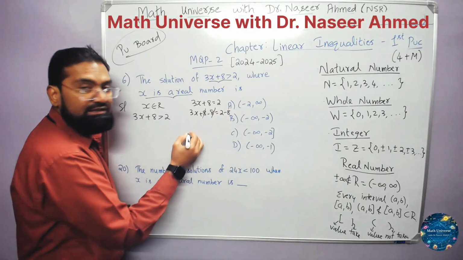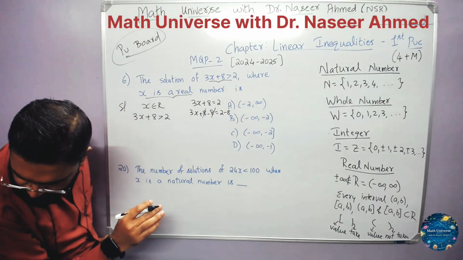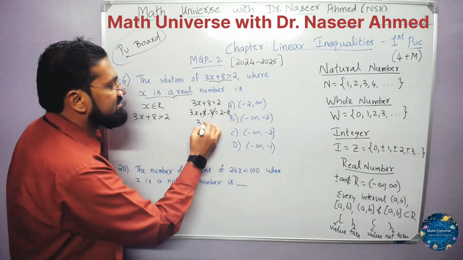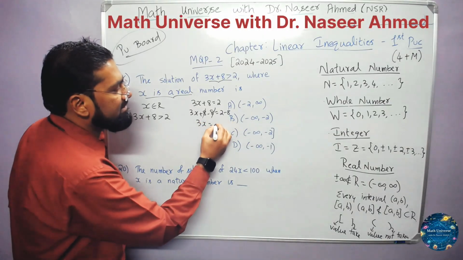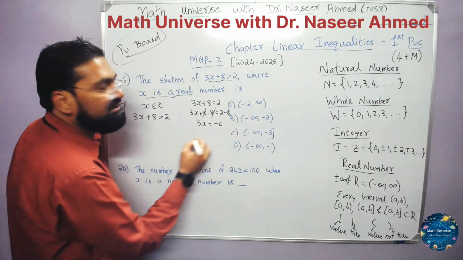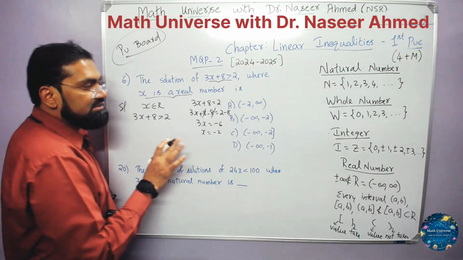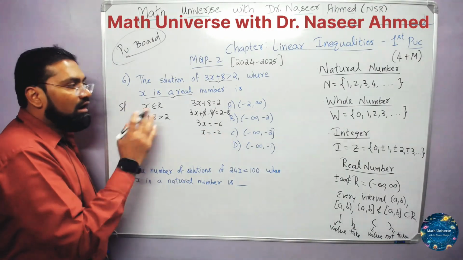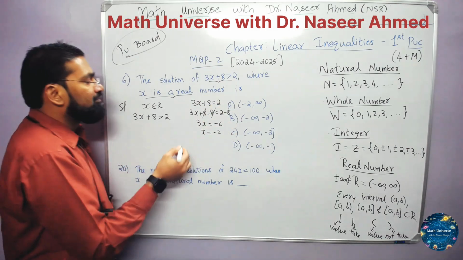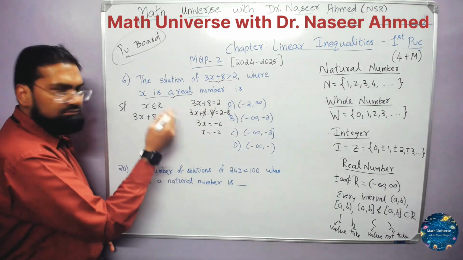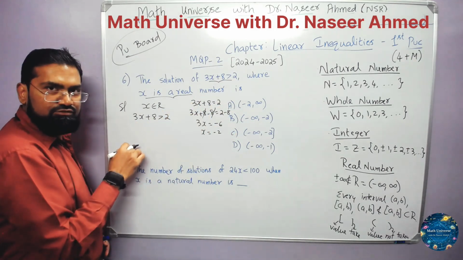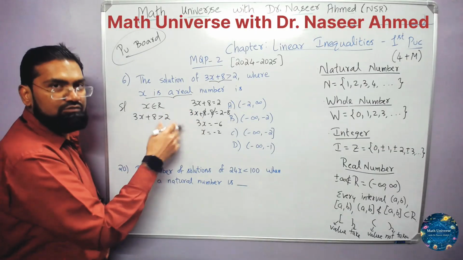Then minus 8 plus 8 gets cancelled, so 3x is equal to 2 minus 8, which is minus 6. Then divide by 3, so you get x is equal to minus 2. This same way you can apply here. Now if I go with the same, no problem, and then I will also talk about how to go about it without all this.